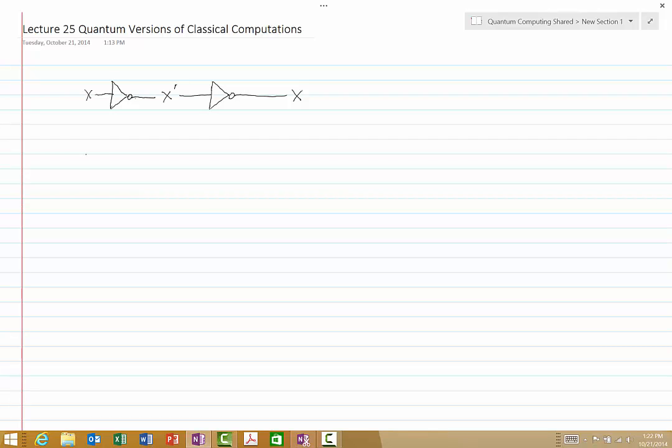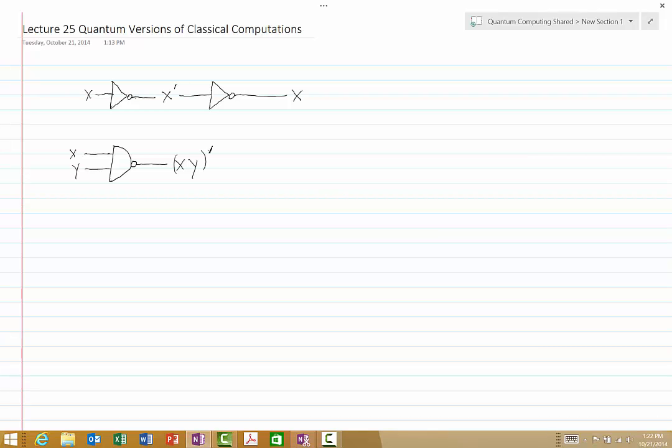But notice that, let's say that we take the usual NAND gate. You have x and y, and then the output would be the NAND of x and y, or in other words, xy complemented.